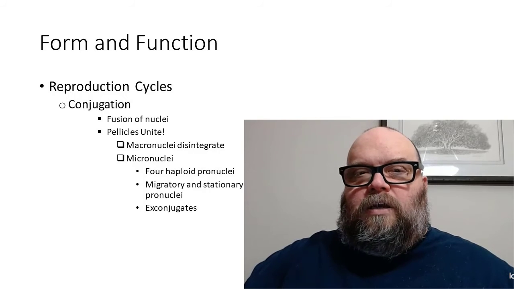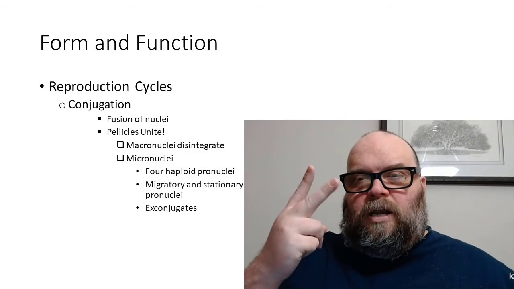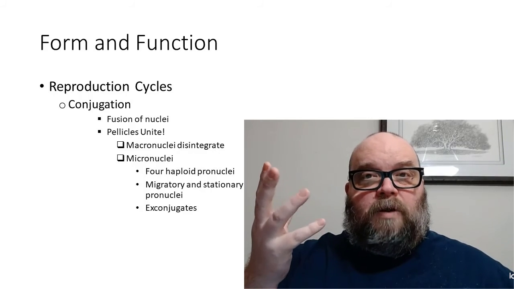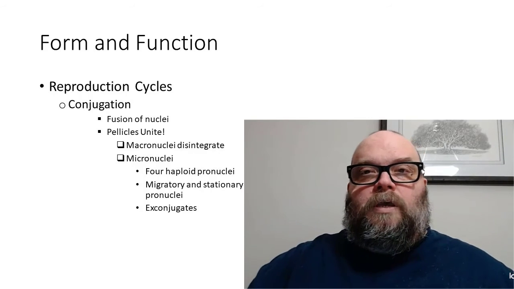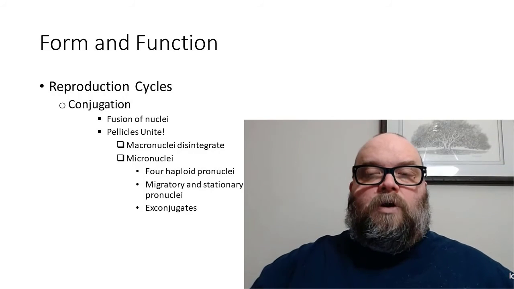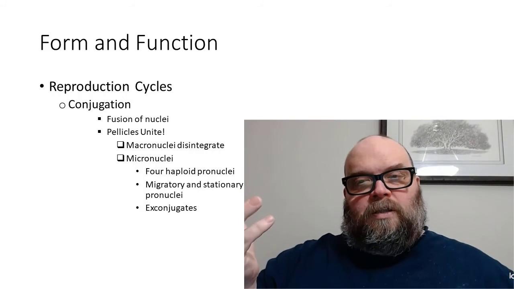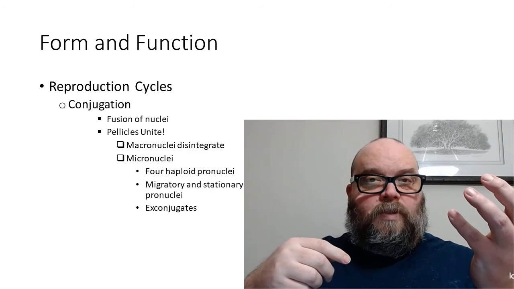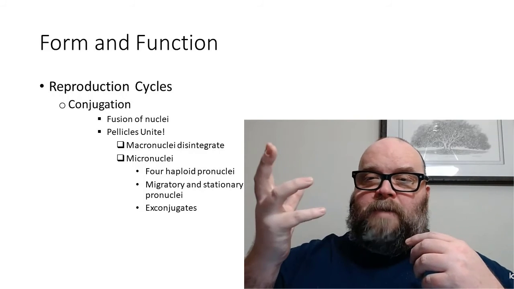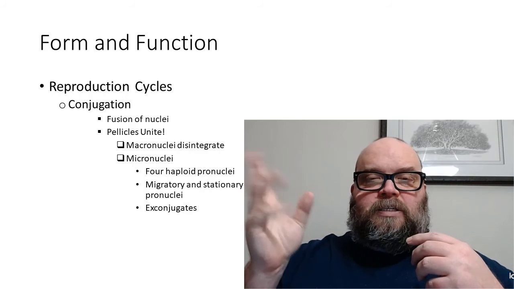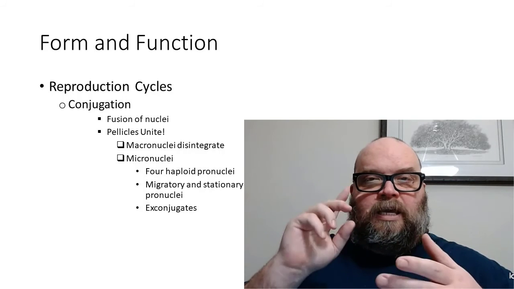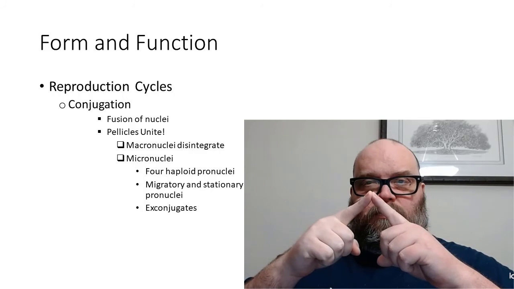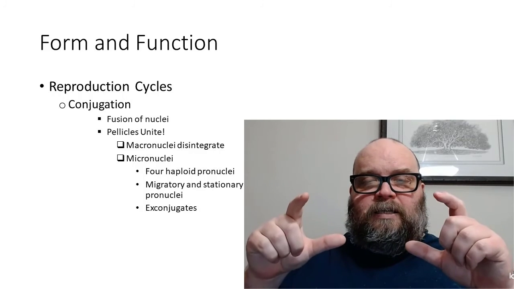We see this in protists that have two nuclei already in them, a macro and a micro. Macronuclei, by their name, are bigger, micro, smaller. They both contain the same chromosomes. The macro controls certain metabolic functions, micro controls others. Before conjugation can occur, the macronucleus basically just disintegrates, gets broken down. The DNA gets broken down, all of it. Cells fuse. Micronuclei double.